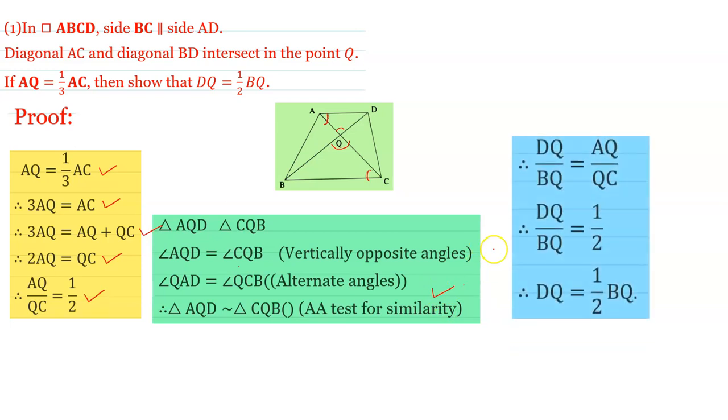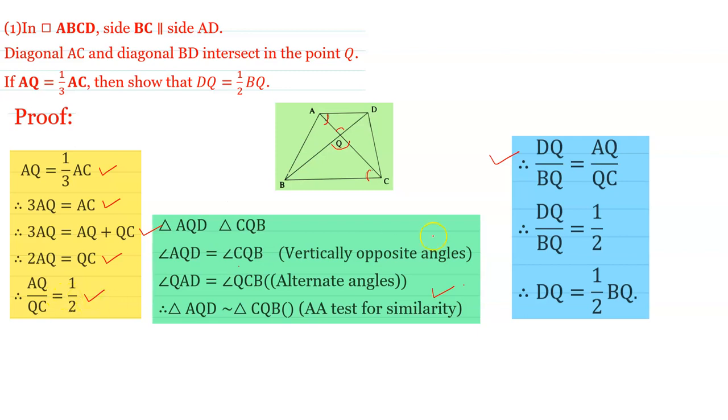As these two triangles are similar, their corresponding sides are in proportion. त्यांच्या corresponding sides या proportion असतात. What are those sides? AQ upon CQ is equal to QD upon QB. But what is AQ upon QC?